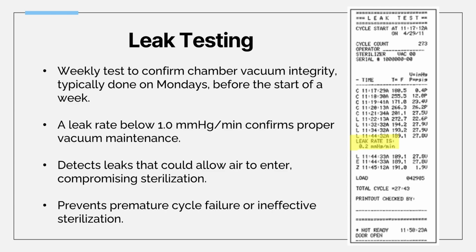A common question you would ask during the Bowie-Dick test is, can the sterilizer remove air and let steam in properly? Meanwhile, a leak test checks for vacuum leaks in the sterilizer. Is the sterilizer's vacuum system sealed tightly enough to not let air or steam out? That's what leak testing is for.